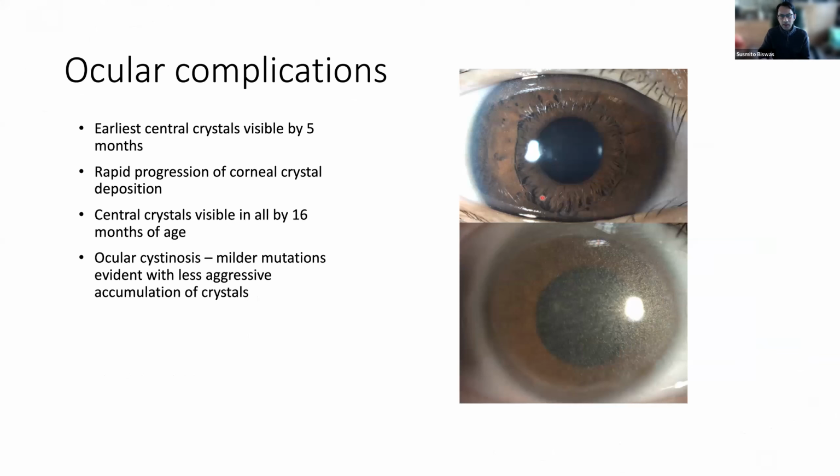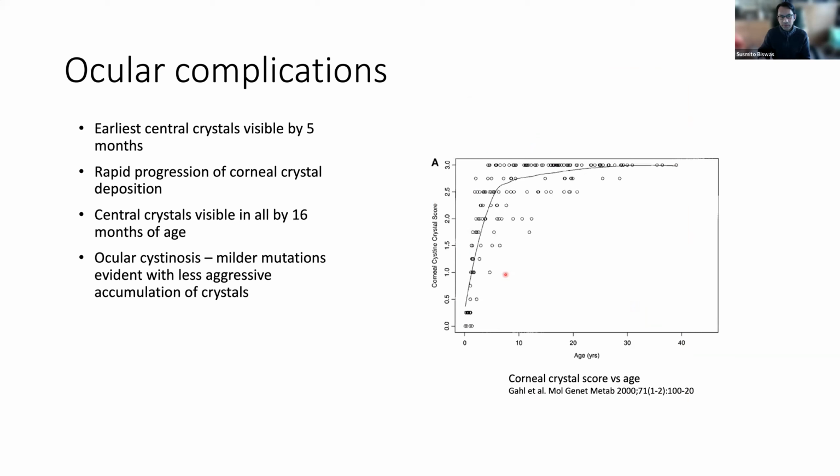Usually noticeable in the peripheral part of the cornea from about 5 months, and then there's rapid progression of crystal deposition over the first couple of decades. So you can see a rapid accumulation centrally, and usually by 16 months of age, the crystals have started to present themselves in everyone. And in the first couple of decades of life, the crystals rapidly increase in density.